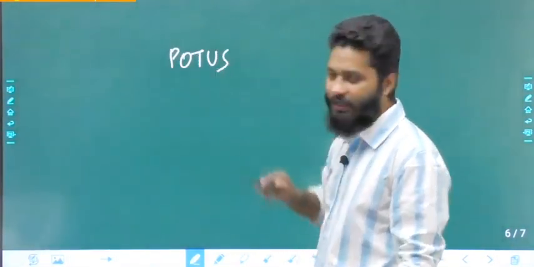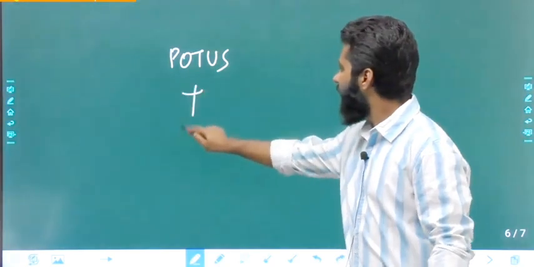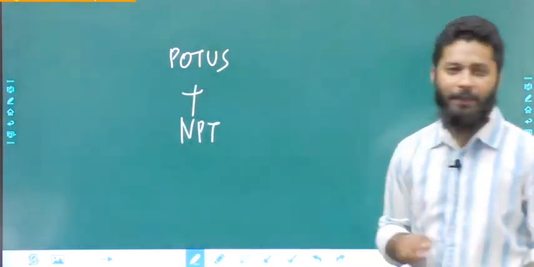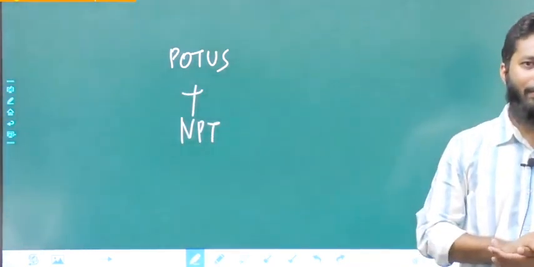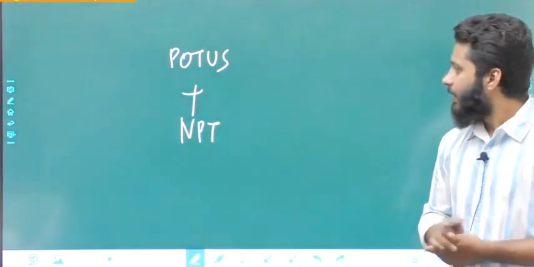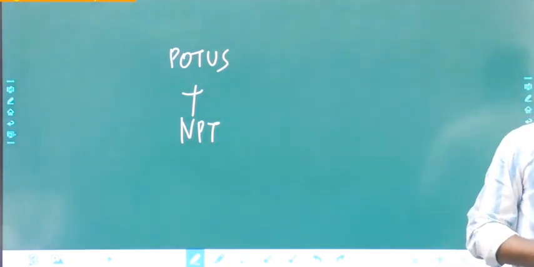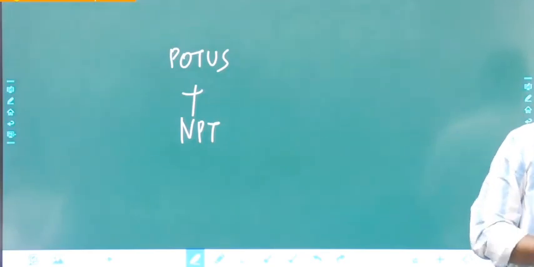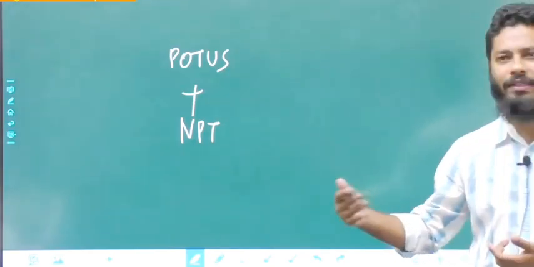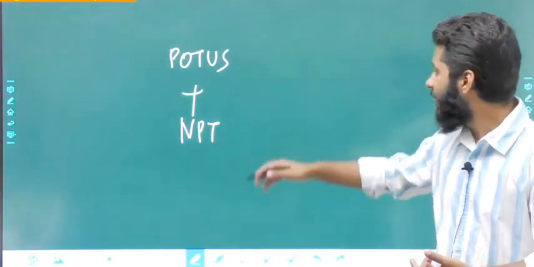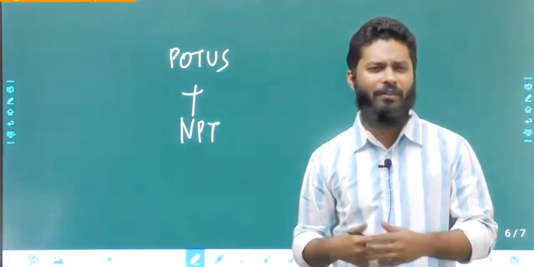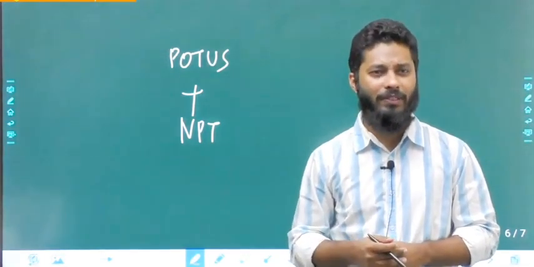The President of the United States has to be satisfied and we must have signed the NPT, right? So if a country has signed the NPT and the President is satisfied, then the country will be getting nuclear technology from the US.